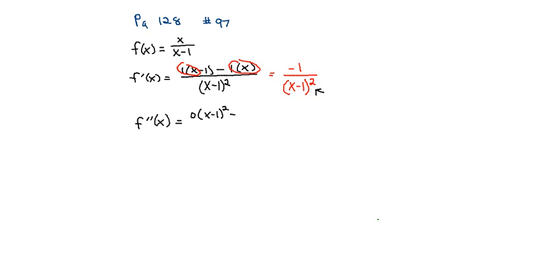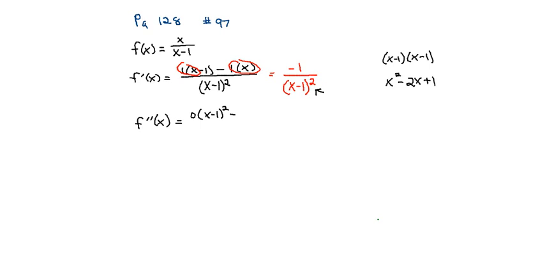Now the bottom, we can't quite take the derivative of it when it looks like that. We have to expand it out and get rid of the squared. So over here I'll do that, x minus 1 times x minus 1. We'll do this off to the side. So distribute the x's, you should get x squared minus 2x plus 1 for our expansion.